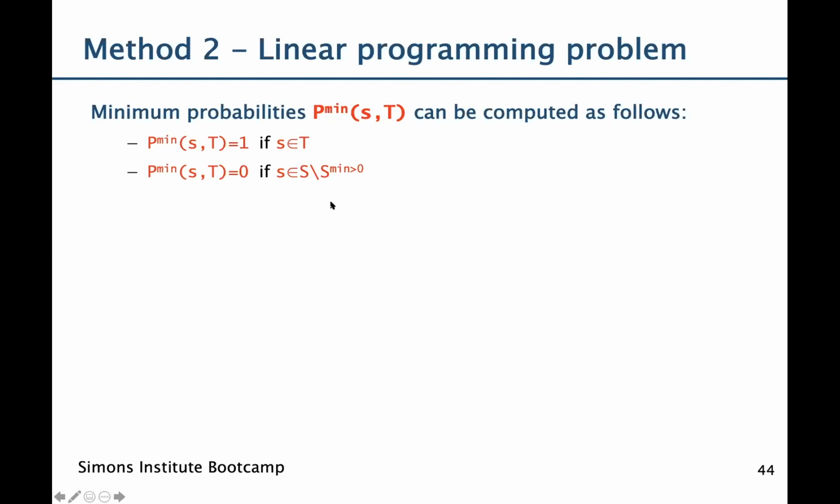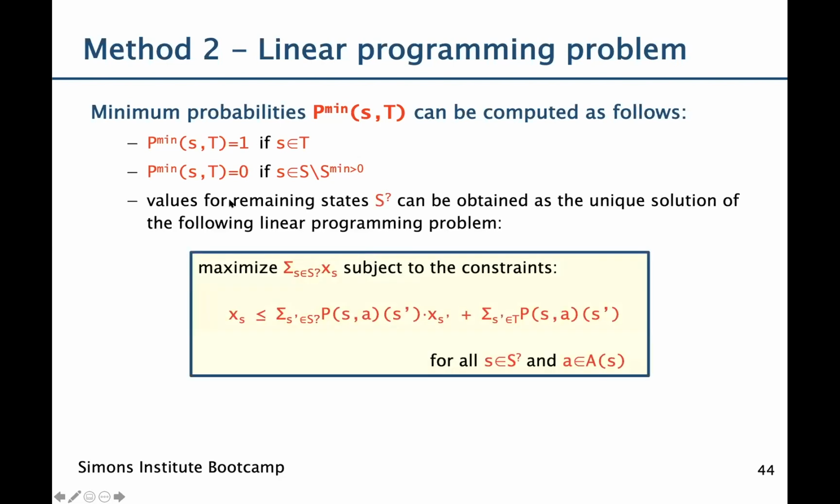And we've already seen how to compute this set of states. Now, for the remaining set of states, let's call these set S question mark, as we don't know the probability yet, this can be obtained as the unique solution of the following linear programming problem.